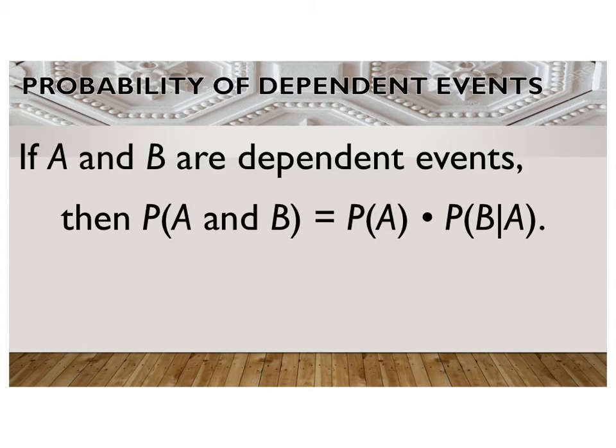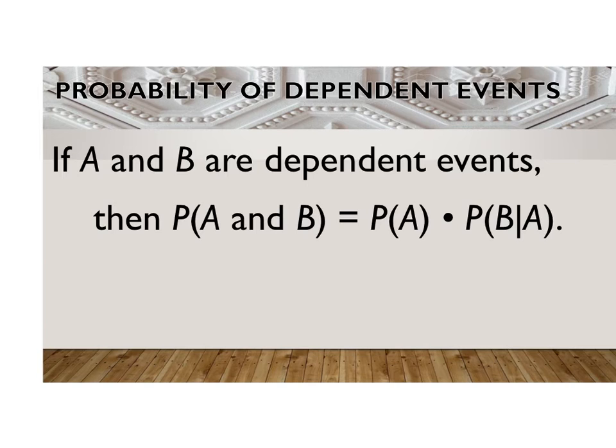All right, the probability of dependent events. If A and B are dependent, then the probability of A and B happening is the probability of A times the probability of B given that A has occurred, right? The probability of B, if A hasn't occurred, is different. So you have to figure out that probability of B given that A has occurred.